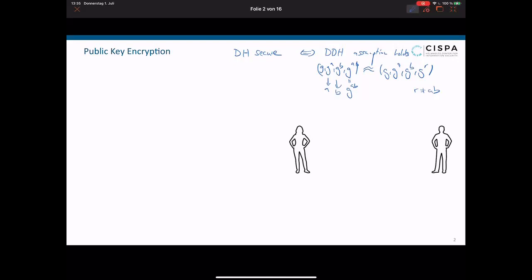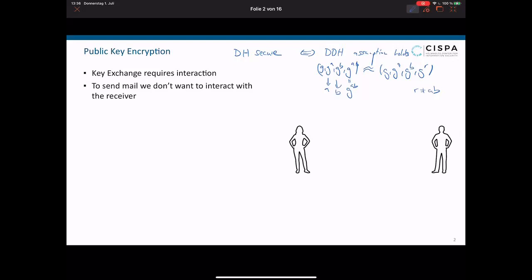Good. Now we've talked about key exchange. Now let's talk about public key encryption. So the drawback of key exchange is that we always have to interact, right? But many, many modes of communication today are non-interactive.